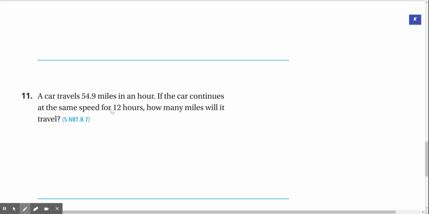Number 11. Our car travels 54.9 miles in an hour. If the car continues at the same speed for 12 hours, how many miles will it travel? We have 54.9 miles per hour, and we're traveling for 12 hours. We're going to multiply by 12. 2 times 9 is 18. 2 times 4 is 8, plus 1 is 9. 2 times 5 is 10. 1 times 9 is 9. 1 times 4 is 4.